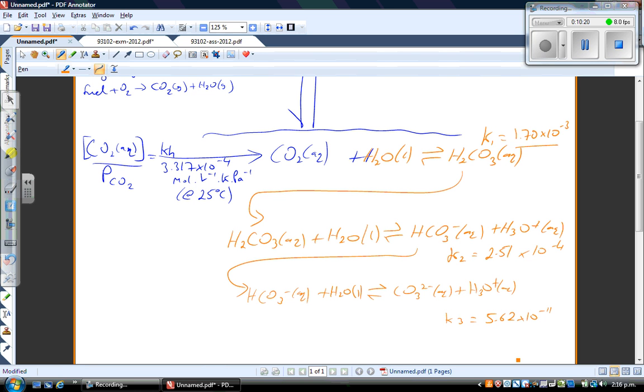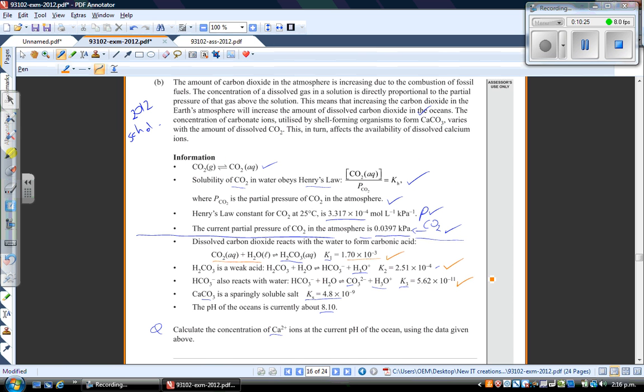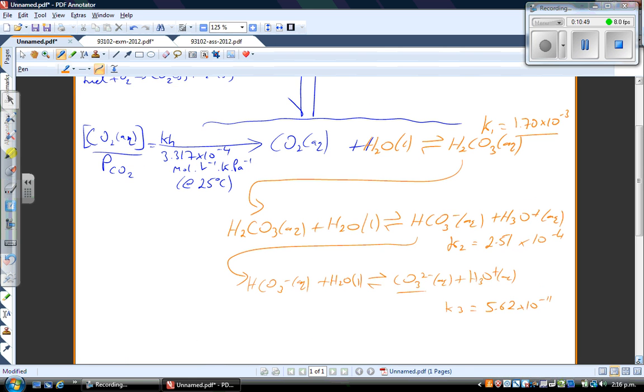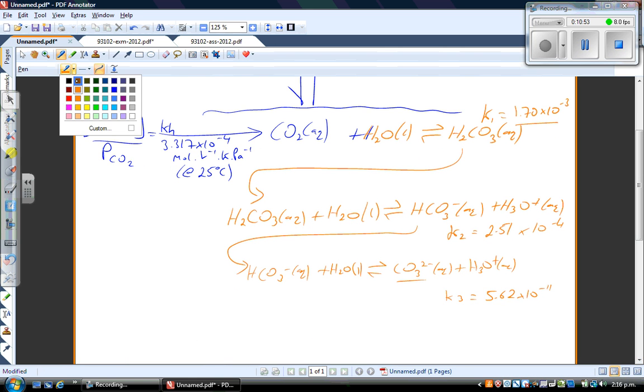So that's our story. We have our carbonate ions, and then the final leg of the story is, the calcium carbonate is a sparingly soluble salt. You're given a Ks for that, and then the pH of 8.10. We'll use that during our calculation. So the question is, calculate the concentration of Ca2 plus ions at the current pH, which is 8.10, using the data above. This final equation, the fourth equation we need to write, is for the solubility of calcium carbonate.